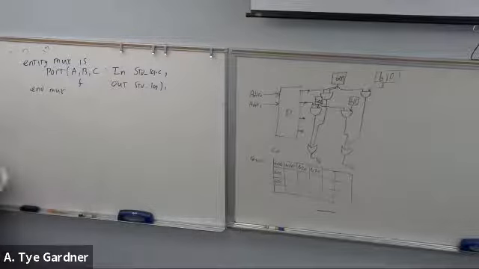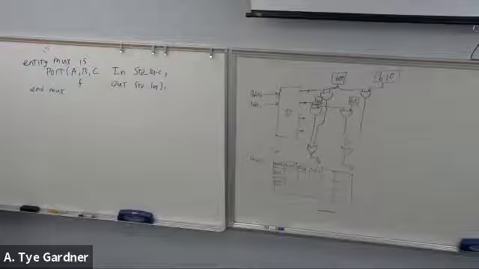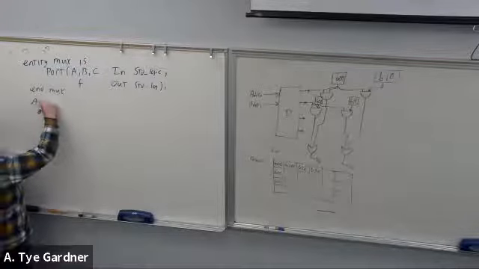Right, so create the entity. That's how we always start. The entity mux has these ports, A, B, C, they're standard logic, and an output F, which is also standard logic. And then I need the architecture.